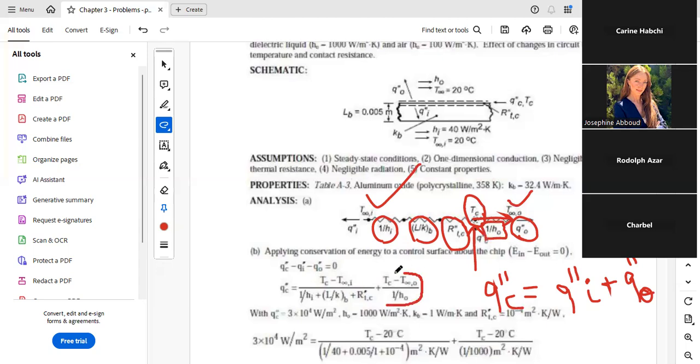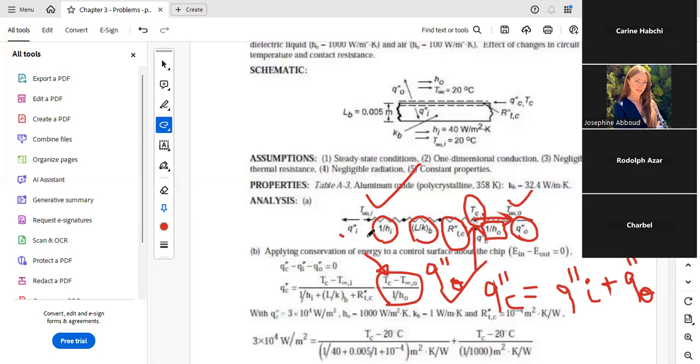This is your Q second out. When you calculate Tc, you can come back to this term and replace Tc by its value. Then you can find the value of Q second out.